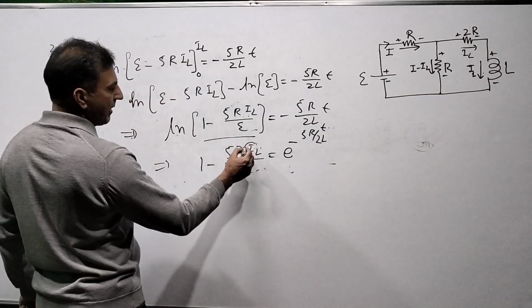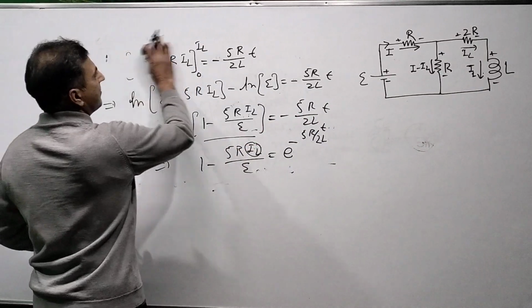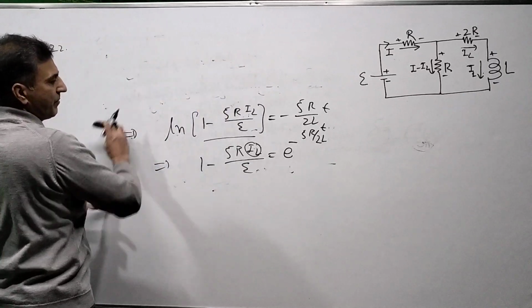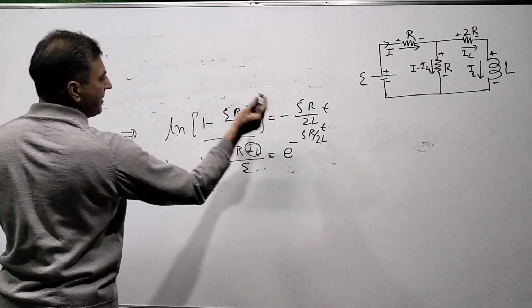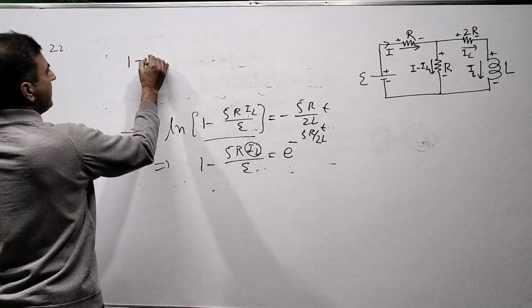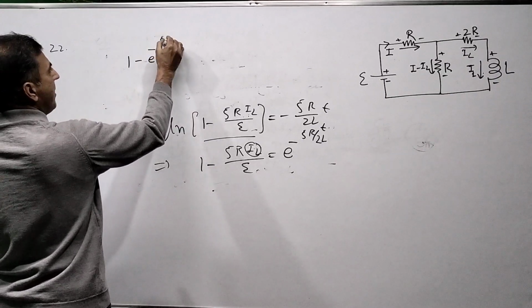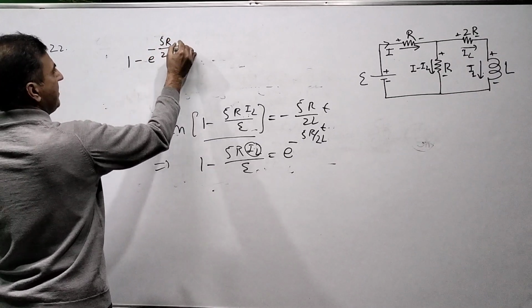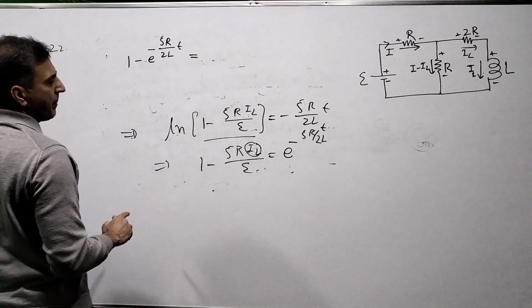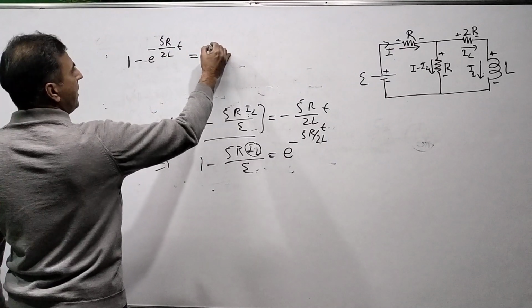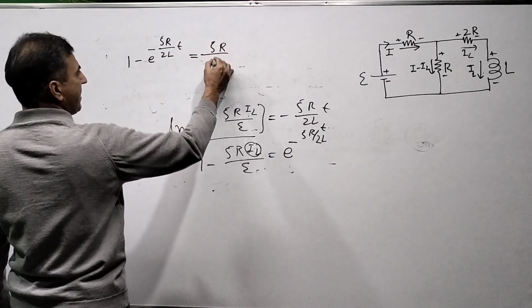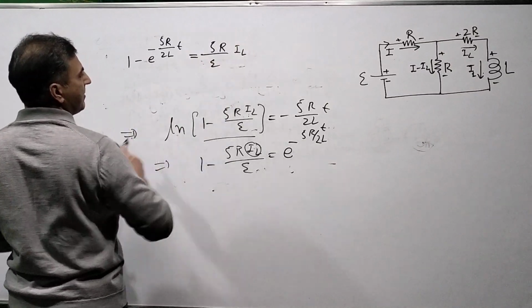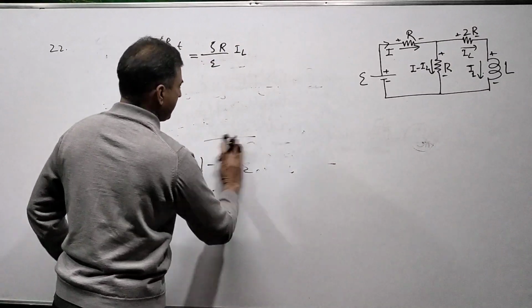So what about this IL? What about that? कैसे करेंगे आप? तो इसको यहां और इसको वहां ले जाइए. It will be 1 minus e raised power minus 5R by 2LT is equal to, okay, 5R by EIL. Is that right? Okay.